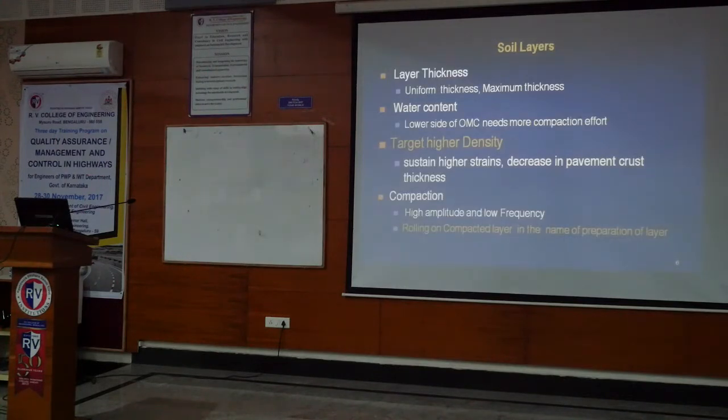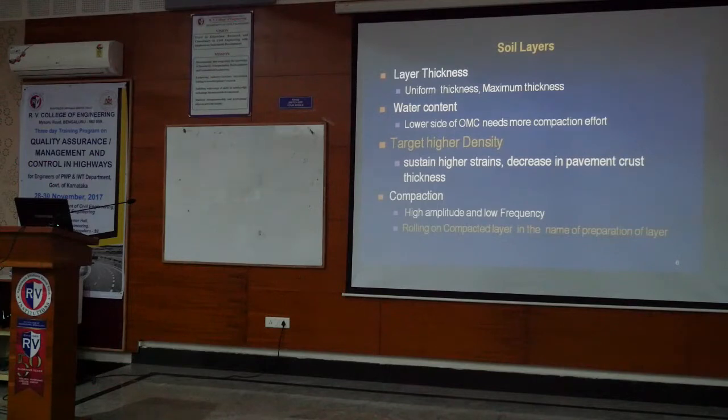The other important, probably neglected, factor is water content. We know that the highest density we get is at a particular water content, the OMC. Theoretically speaking, we should spread the loose thickness, get the sprinkler, sprinkle the water, bring the rakers, mix it, then grade it to the required cross and longitudinal profile, then compact.